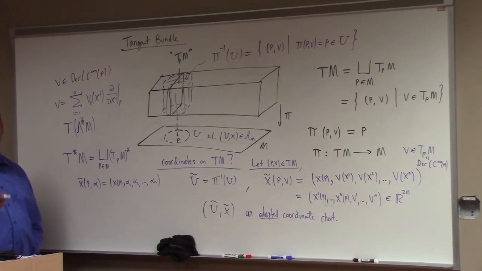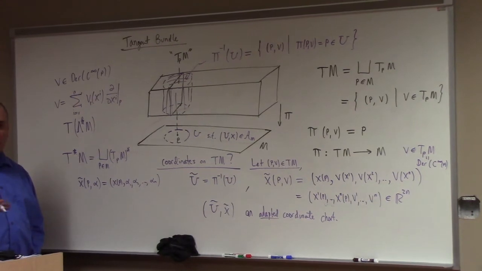You take x to pick out the point coordinates, and then you use the components of the form pointwise to give the coordinates of the rest. Don't ask me what the dimension is; it's kind of complicated to explain. But you could just as well talk about a tensor bundle, right? You could attach a tensor at each point, and use the components of the tensor to fill out the rest of the adapted coordinates.